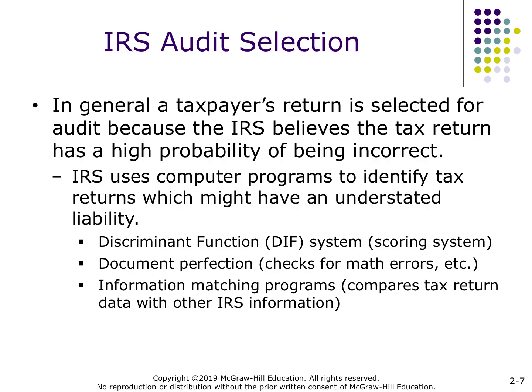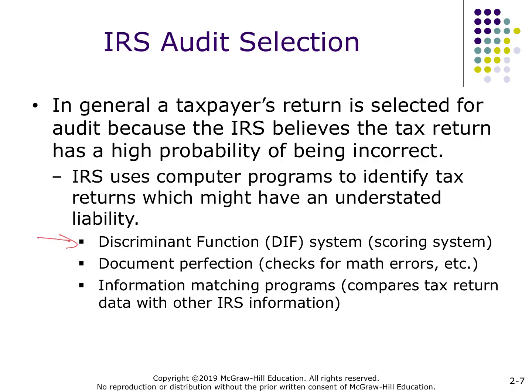And so, the IRS has gotten high tech just like the rest of us, and there are 3 different ways that they use computer programs to try to see who might have an understated tax liability. So either you made a mistake or you were overly aggressive.